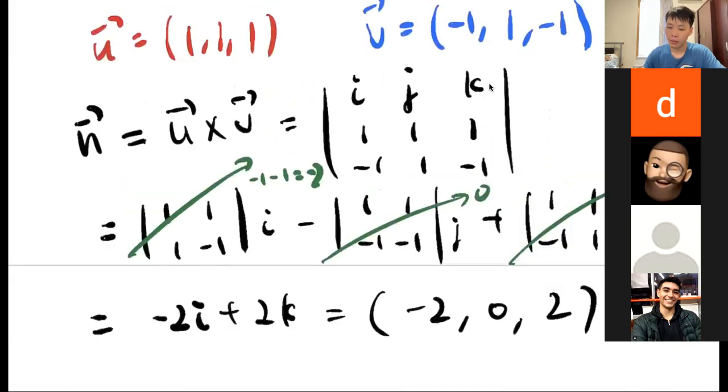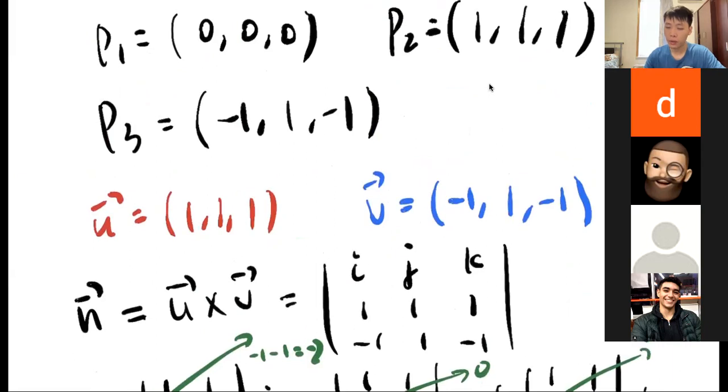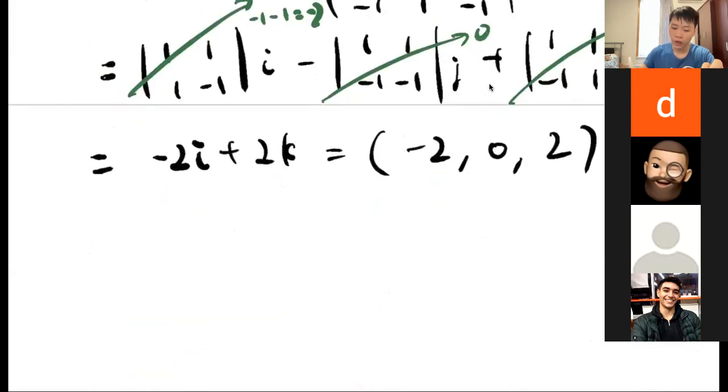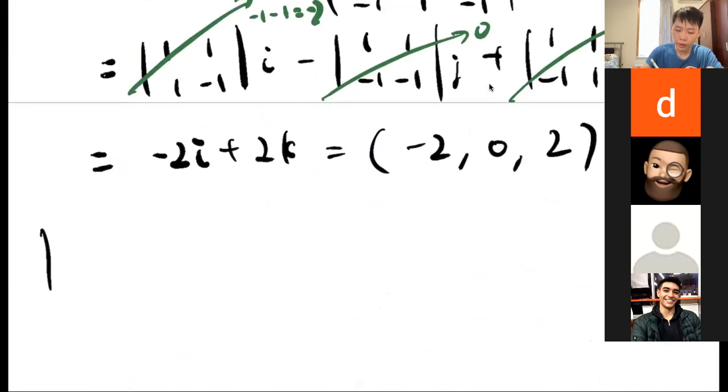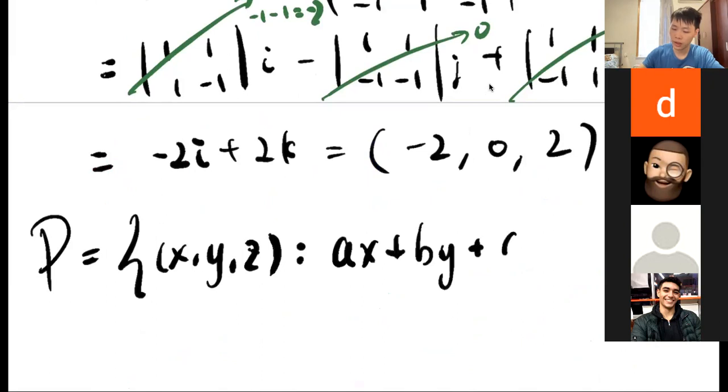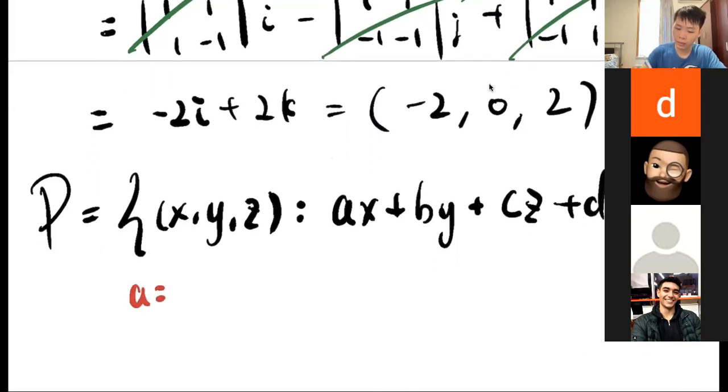And then you pick the point P1 to be the point that the plane lies on. So you have P equal to the set of points x, y, and z such that it satisfies the equation ax plus by plus cz plus d equals 0, where a is minus 2, b is 0, c is 2.